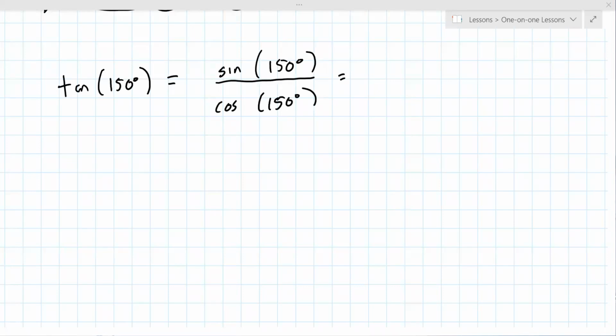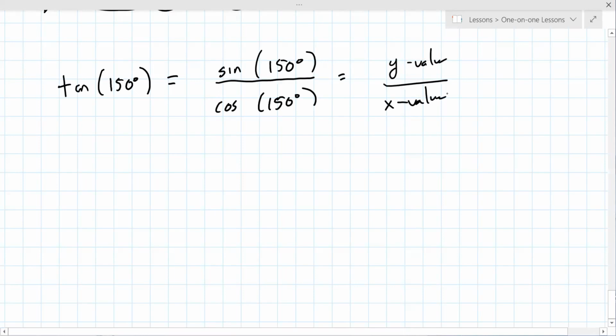So remember, sine is the y value. Cosine is the x value. It's super important that you remember that. So it's 1/2 over negative root 3 over 2, and then that reduces.